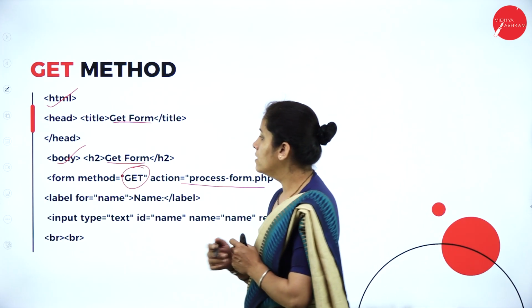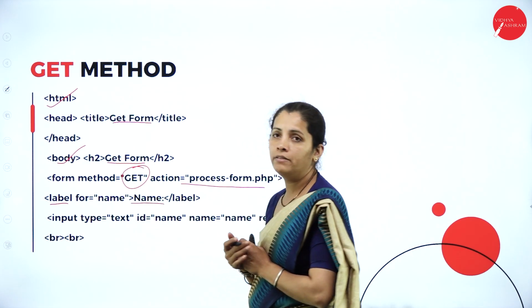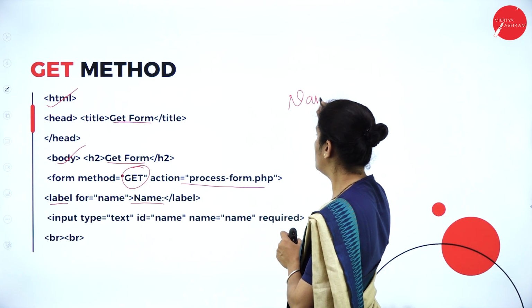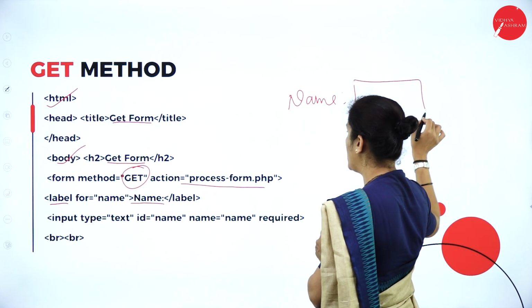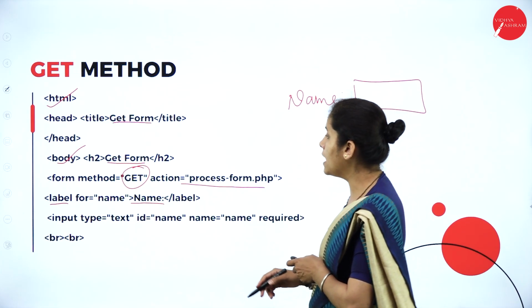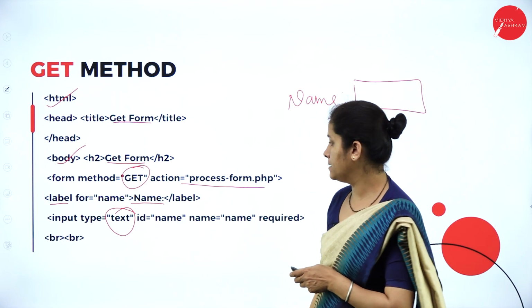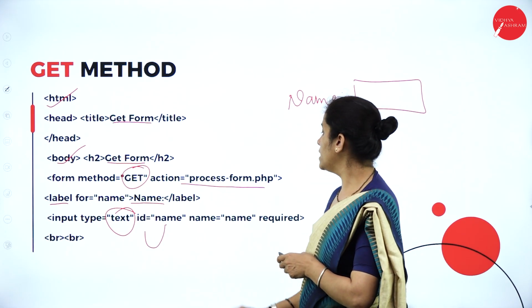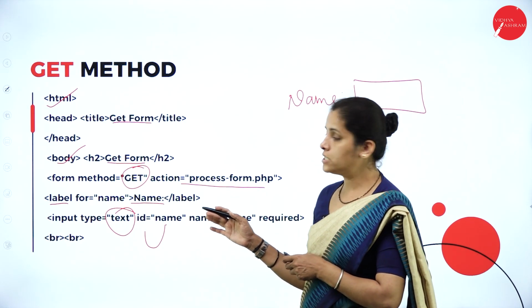Now I'm going to have a label, and I give the name. In front of the label, I must have a text box. For that, I use the input type text, and I specify the name and the ID of the text box.